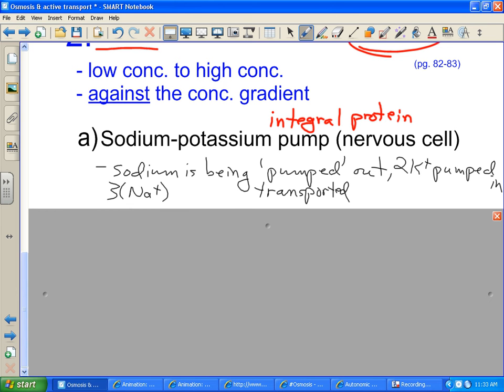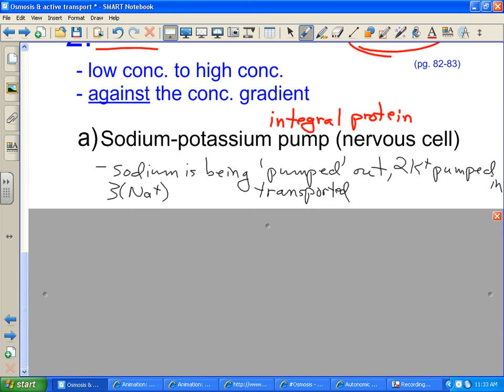Let's look at the first example. First example of active transport is called the sodium-potassium pump. This is actually an integral protein. It's one of those carrier proteins that's going to be using a lot of energy, and this happens inside your nerve cells, your brain, your spinal cord, your nervous system. It's a really good example of this.